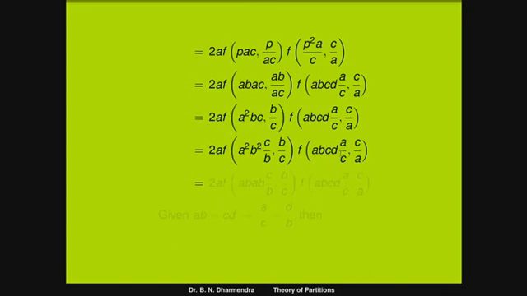The second term is unaltered. And a square b square can be written once again in terms of ab, that is 2 times a into f of (ab, c by b, b by c) into f of the second term, which is the same, (abcd a by c, comma c by a).